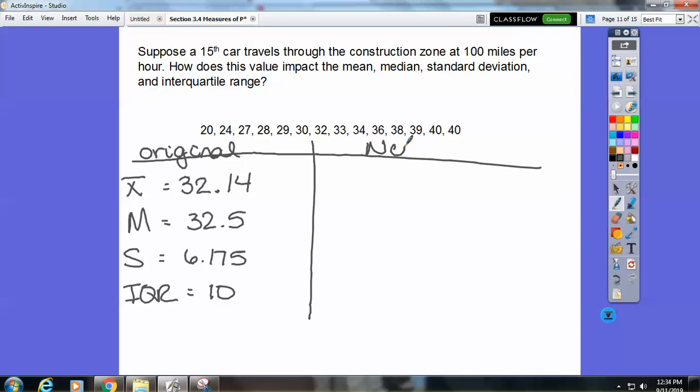Now let's do our new data with that 15th value. Go to your stat and add 100 miles per hour as a 15th data value, at the end. You don't want to delete any values that you have.